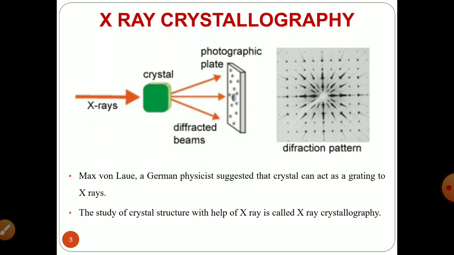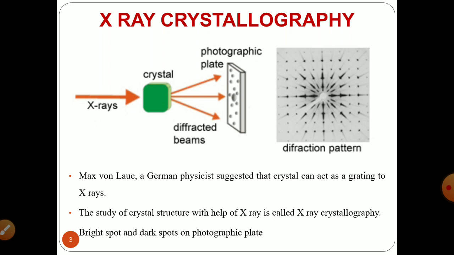If you consider your crystal as a grating and allow the X-ray to strike it, then on the photographic plate you will have different diffraction patterns. If the diffracted waves are in the same phase, they reinforce each other and a series of bright spots are observed on the photographic plate.